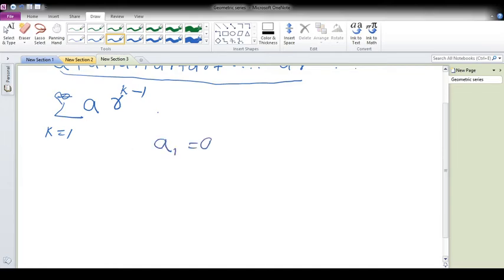The second term a2 is a multiplied by r.